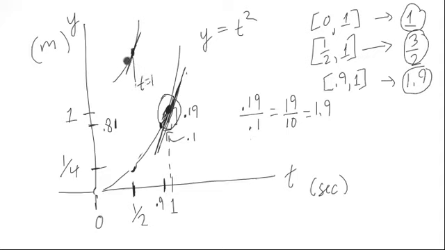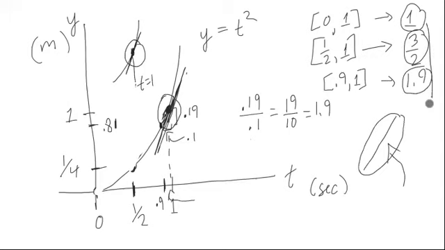As you narrow in and get closer and closer, as you narrow your view window, it's going to look more and more like a straight line. What is that straight line it's most looking like as your view window or your little intervals of time get smaller and smaller and smaller? Well, these things, guys, are actually getting closer and closer to 2. Now, 2 is the actual reading of the speedometer right at 1 second.